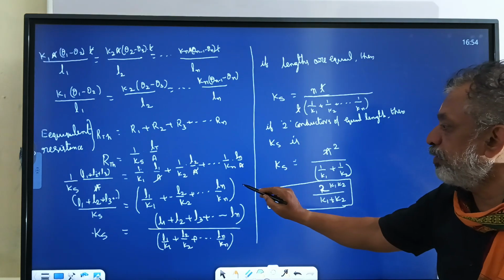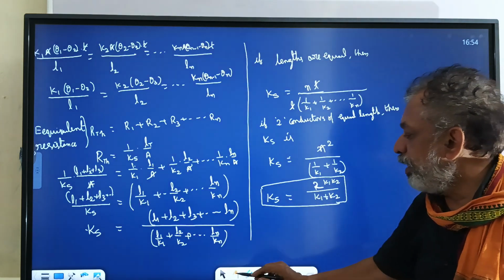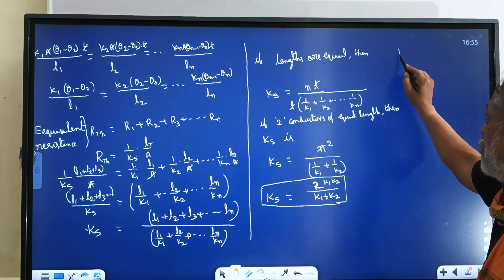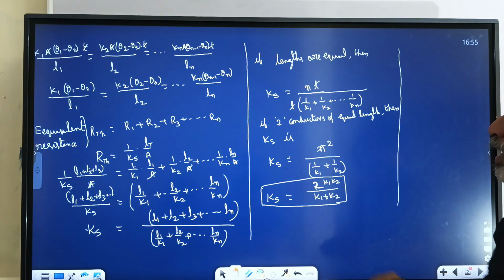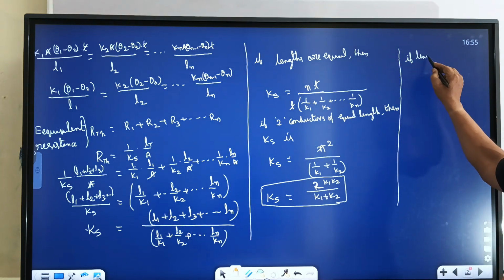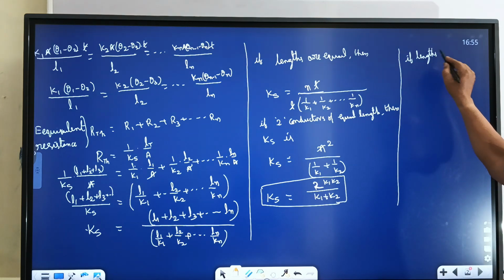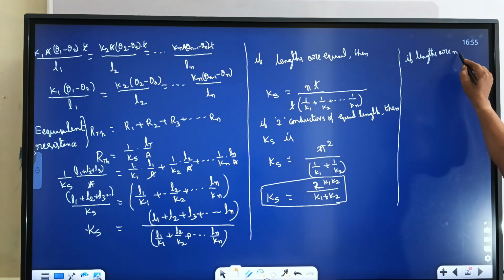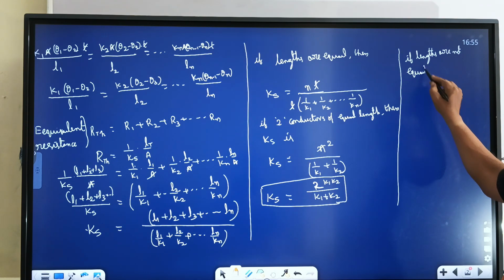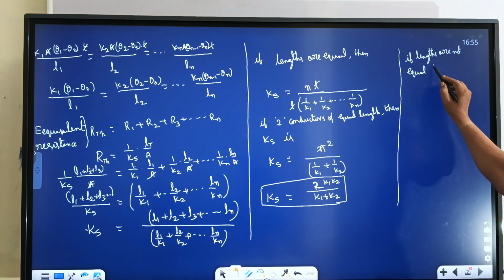Generally, students memorize the formula by hearting, and then they face a lot of problems. So I am going to say, if lengths are not equal, I am taking two lengths only.